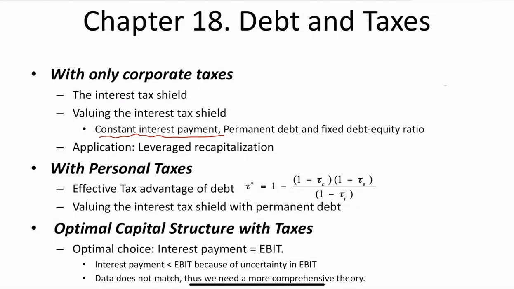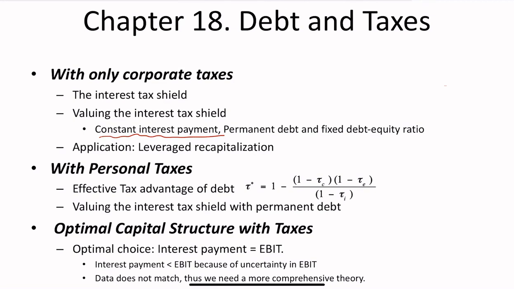So depending on how many periods, if you have infinite periods, then you can use perpetuity formula to value the present value of the constant interest tax shields. If you have limited periods, then you will use the annuity formula.